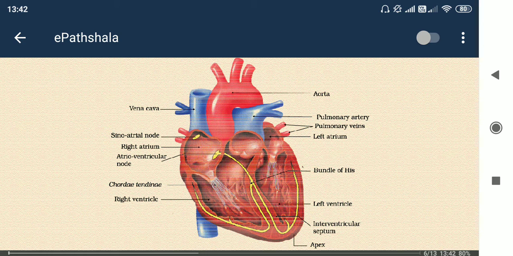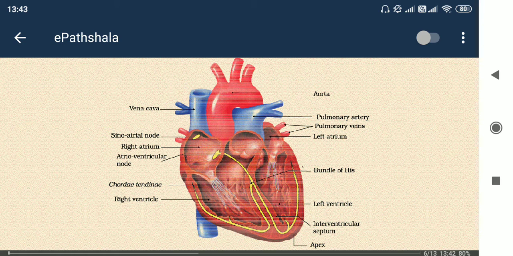Many other structures are there, and I would like to complete all those. The sinoatrial node, the SA node, is located at the right upper corner of the atrium. The atrioventricular node, the AV node, is located in the left lower corner of the right atrium.